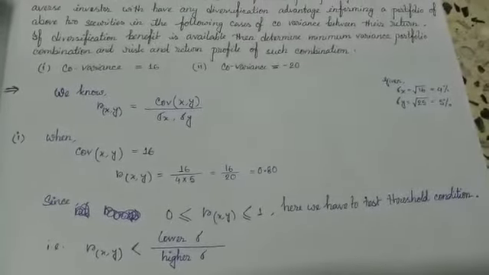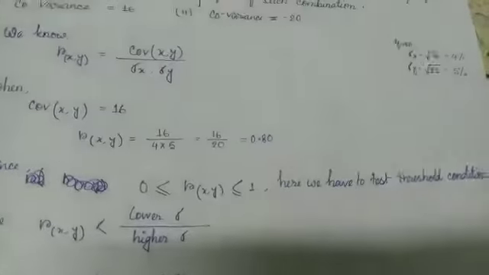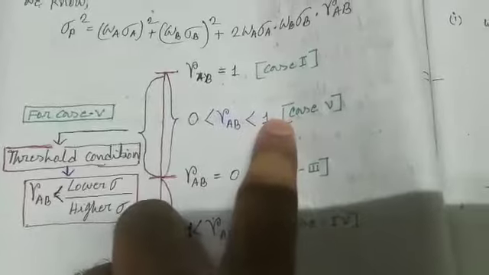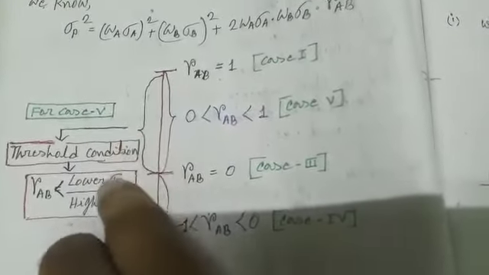Now since the correlation coefficient varies from 0 to 1, we have to test the threshold condition. What is the threshold condition?